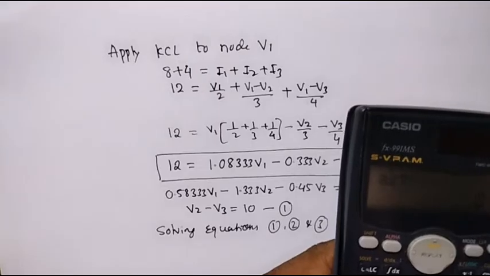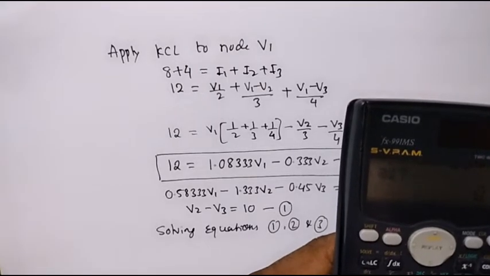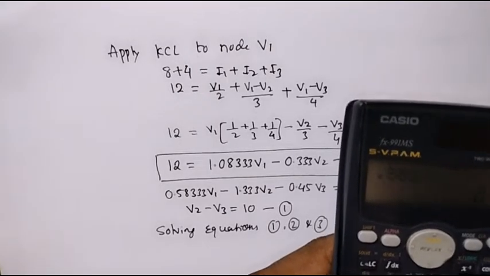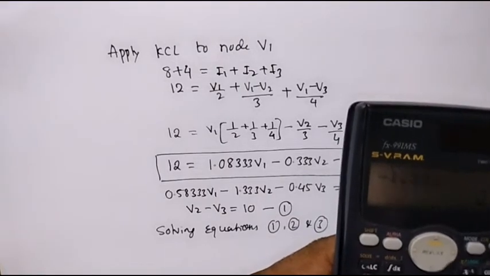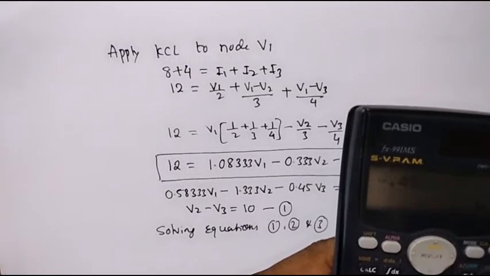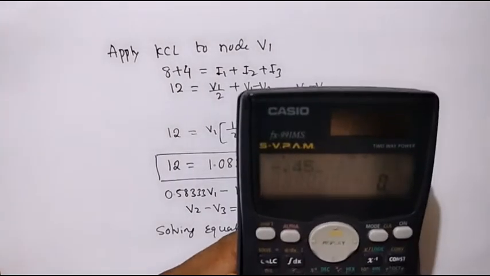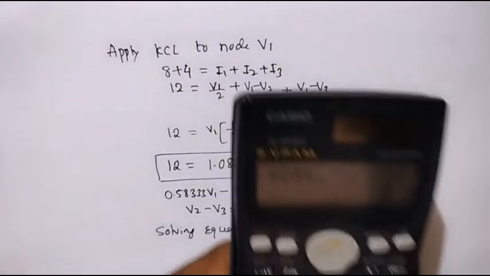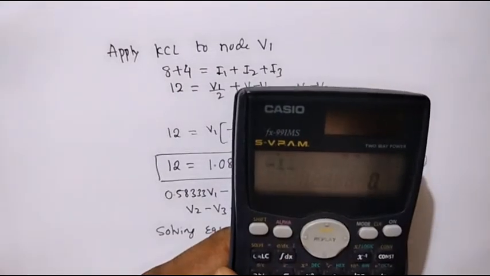In the second equation, the coefficient of V1 is 0.58333, V2 is minus 1.333 and V3 is minus 0.45, equal to minus 16.